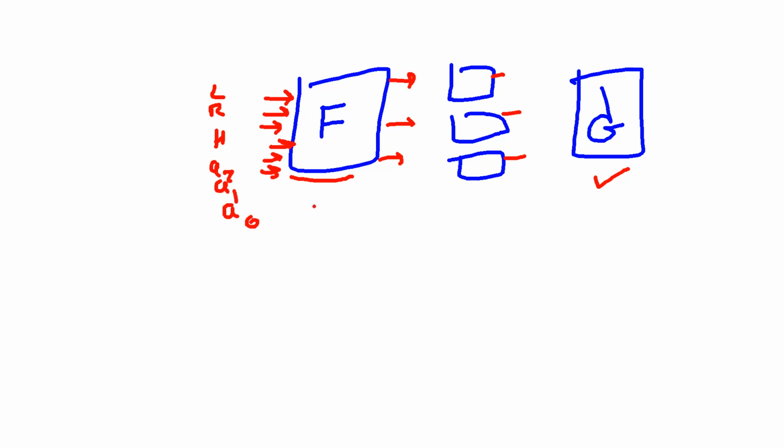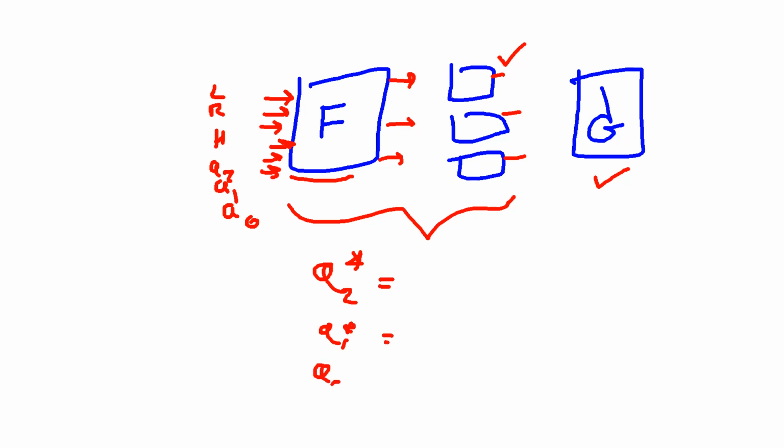The transition expression shows the relationship between the outputs of the flip-flops, Q2 star, Q1 star, and Q0 star, and the input of F.